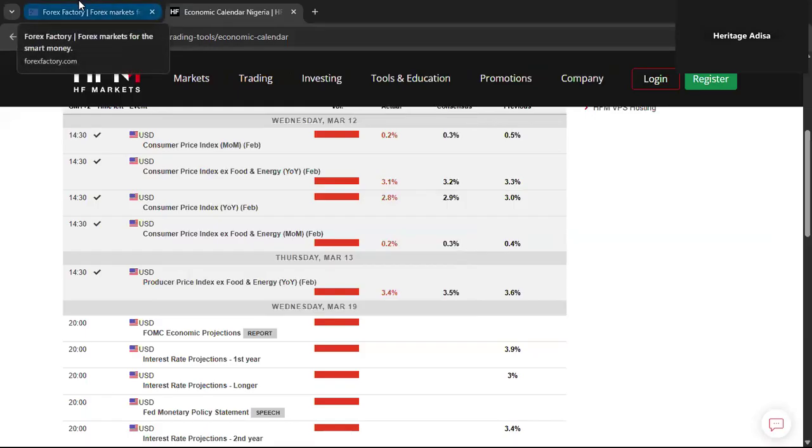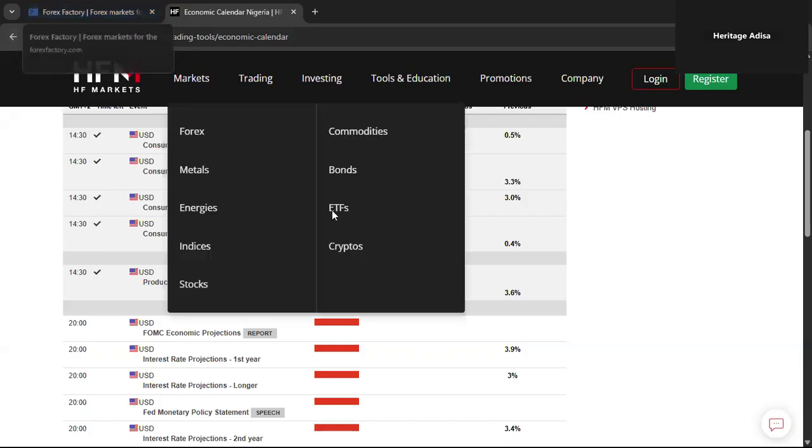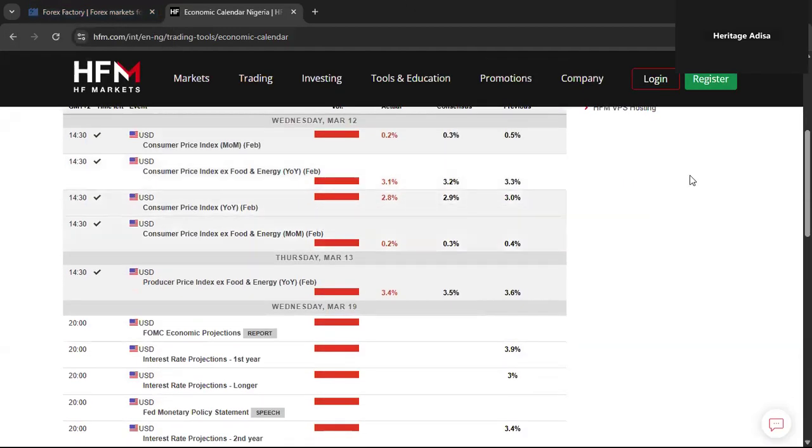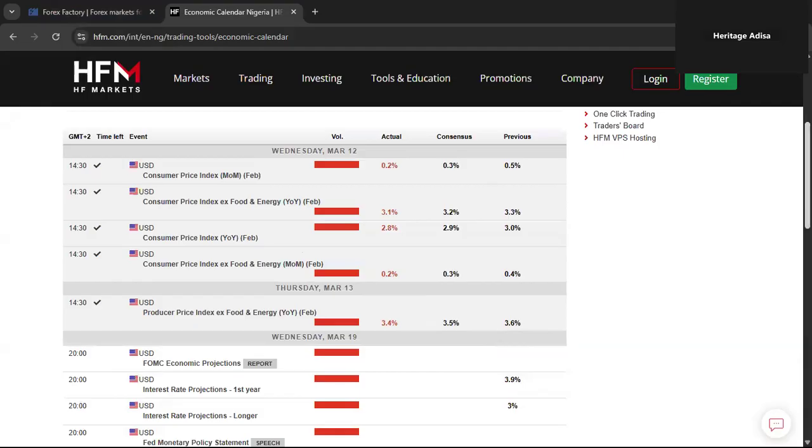It's a very interesting topic that we're going to be discussing today: the importance of inflation in trading the Forex market, right? Why is inflation important in Forex? Why is inflation something that we accord so much importance when it comes to trading the Forex market?